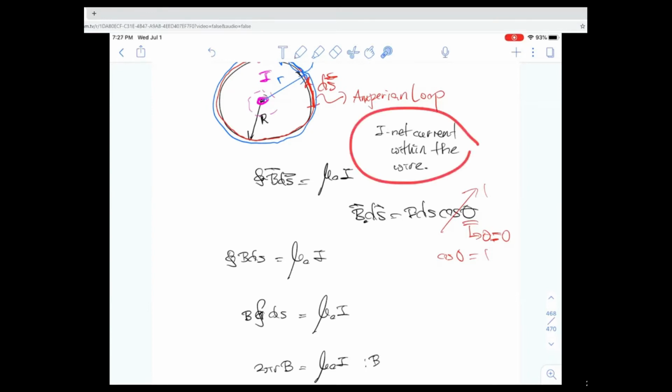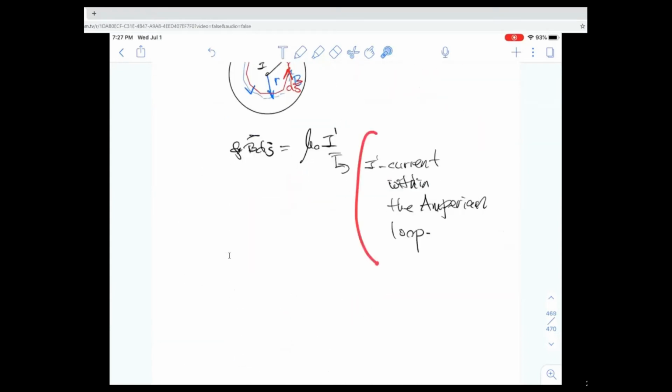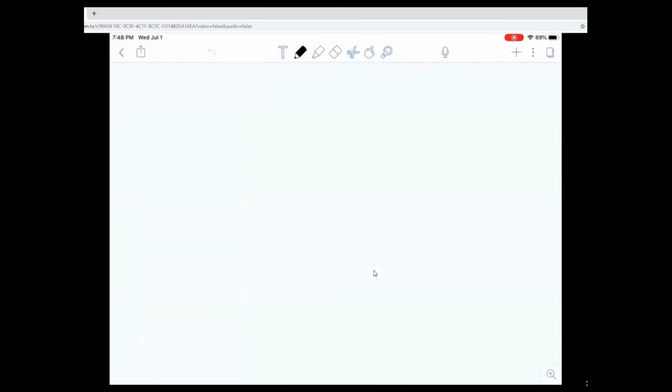All right, so the net current within the wire versus the net current inside the amperian loop. In this case, the net current inside the amperian loop is going to be a fraction of the current inside the wire. Okay, so as long as you make that connection, then we are good. All right. Okay, guys, let's move forward.